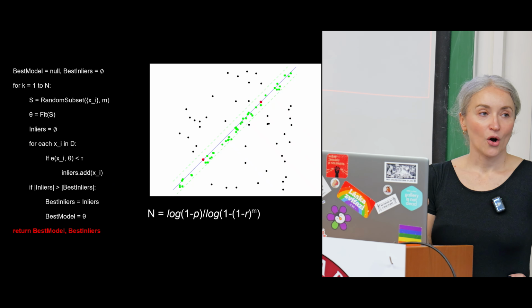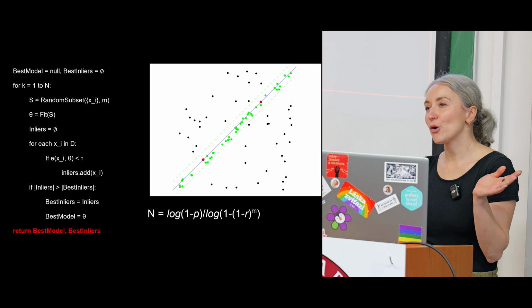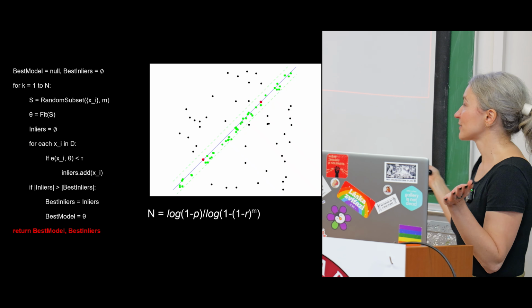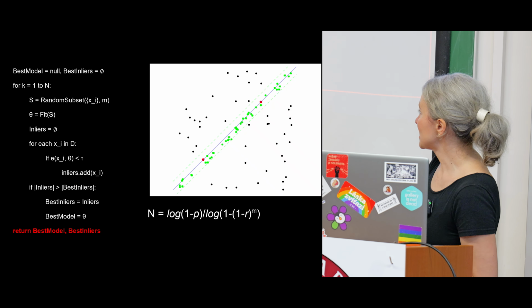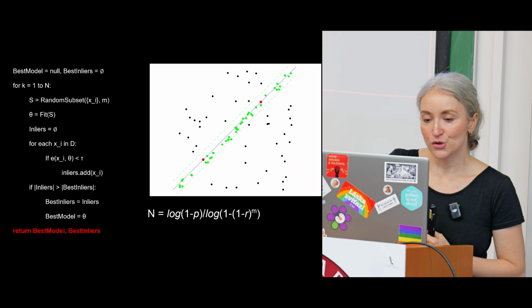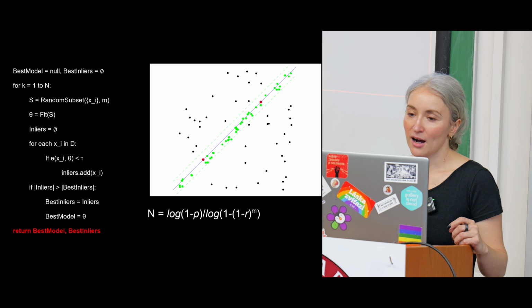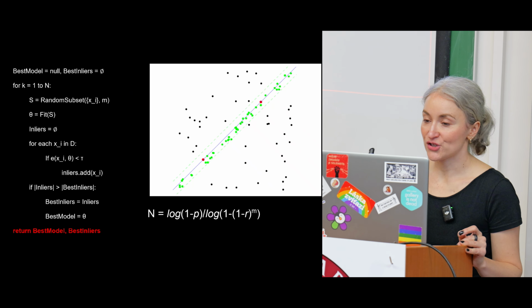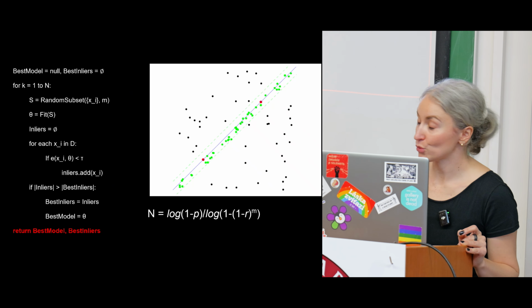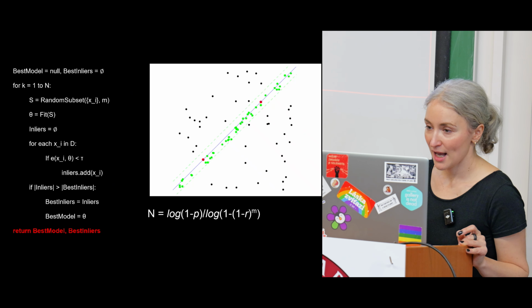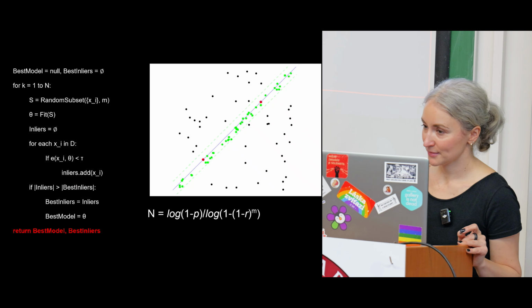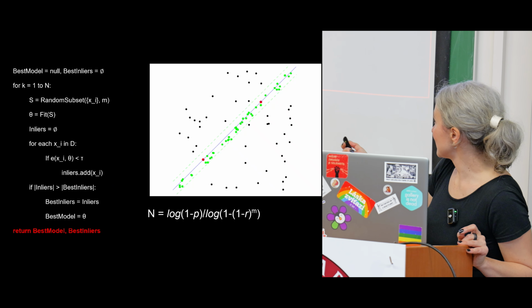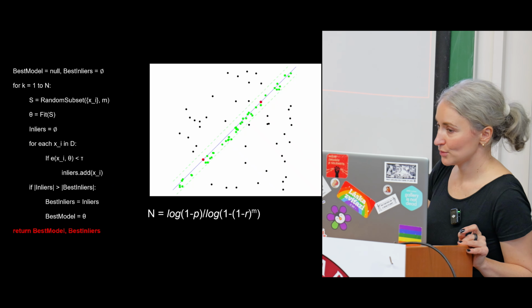And you can ask, okay, how do we know how many iterations we should have? We can easily compute it. We need just enough iterations so that with some probability p, at least 1 sample of size m, in this case 2, contains no outliers, given some outlier ratio r.